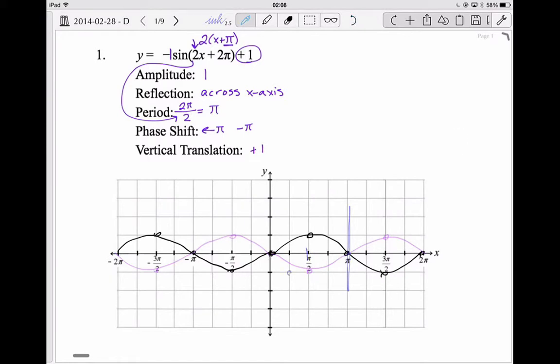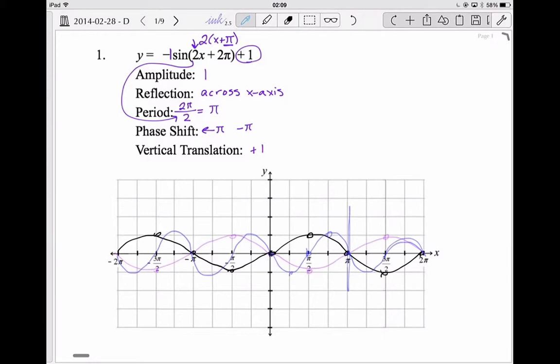So I'm going to go bottom, top, bottom, one wiggle, and then another wiggle, and I can go backwards. A wiggle, and a wiggle, and a wiggle. Okay. That's the new period and the reflection.